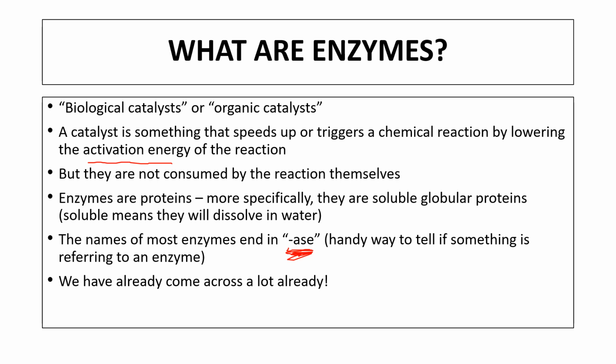And this is so handy to know because a lot of the times in exams, they'll give you a question that has no context and they'll be talking about a bunch of different molecules and they'll expect you to be able to understand that it's an enzyme question by giving you a molecule that ends in -ase. So it's a really good one to have up your sleeve for specifically exam questions.